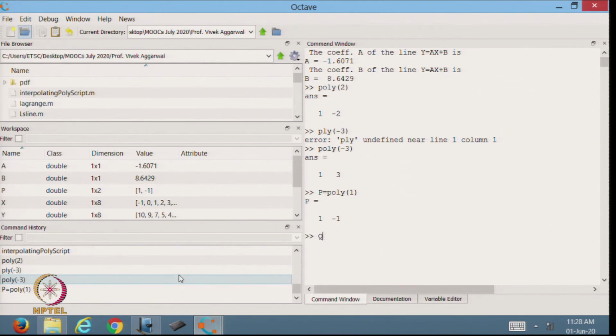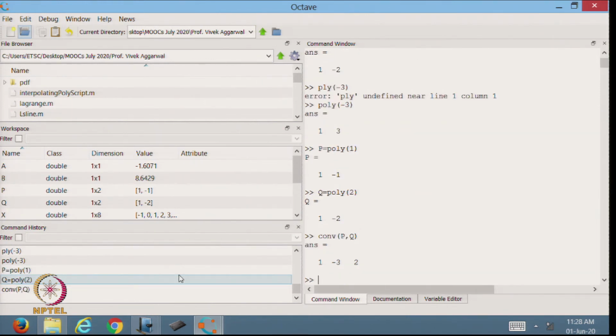I call it another polynomial, that is poly 2. Now, I apply convolution of P and Q. So, basically what it is doing is multiplying x minus 2 and x minus 1.